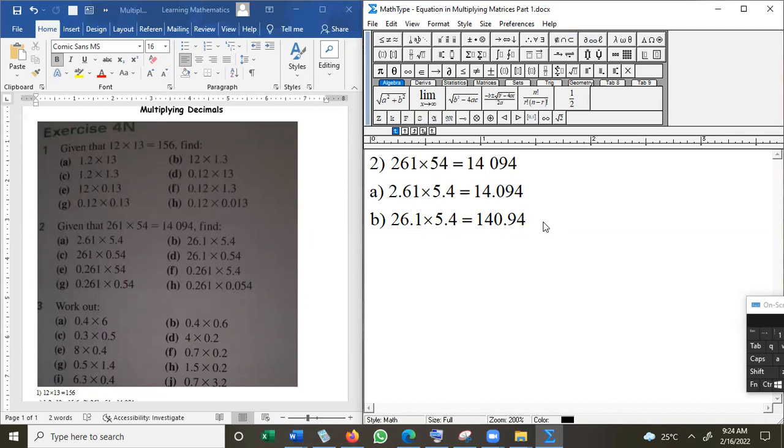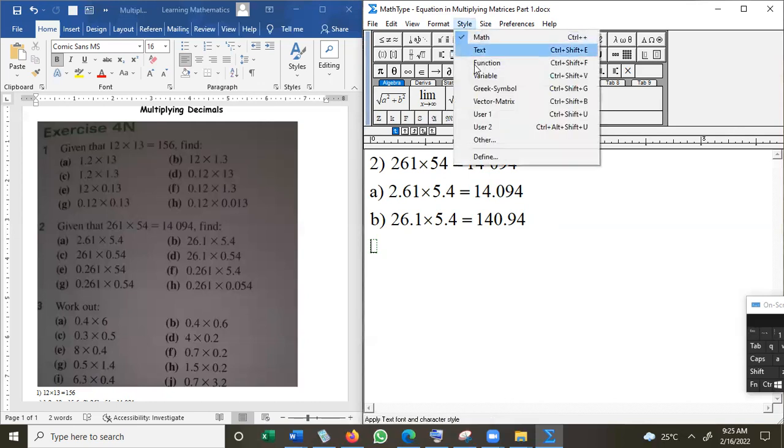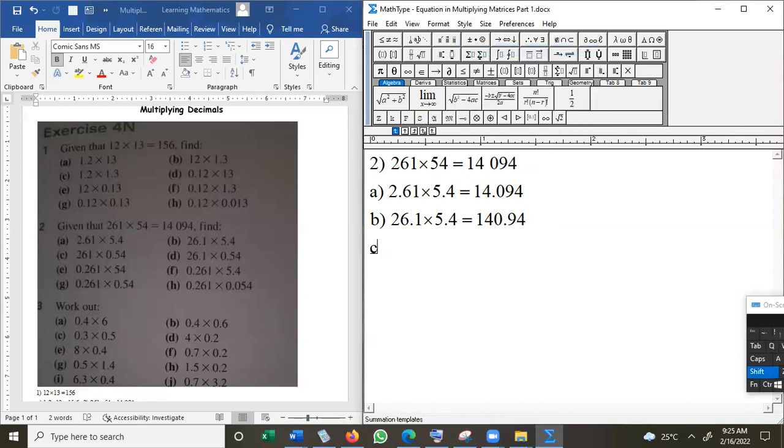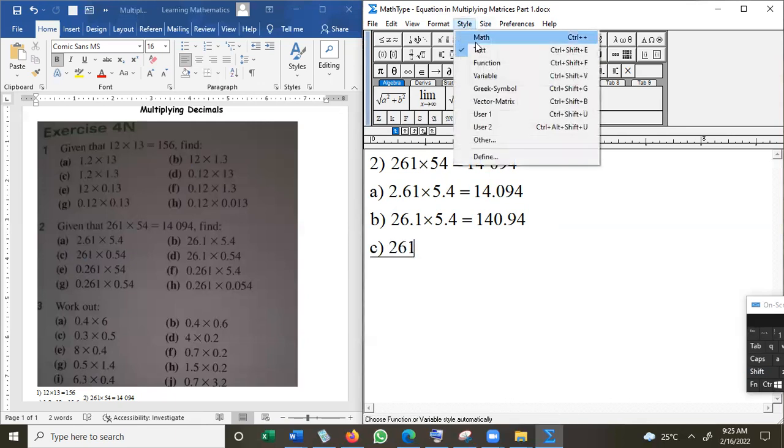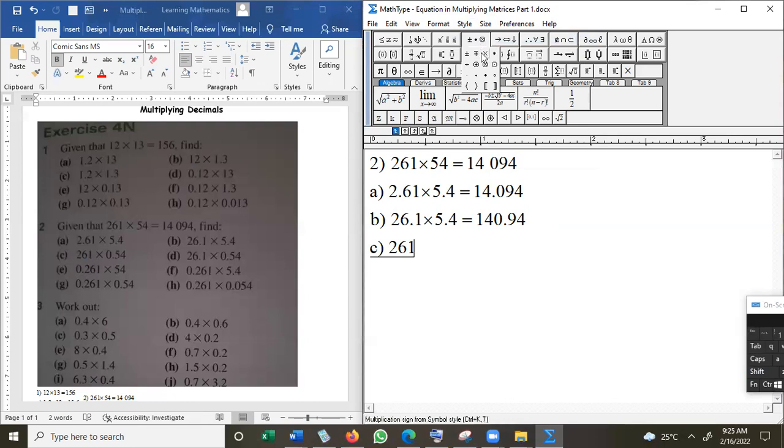Okay, let's do C. C is 261 times 0.54 equal.